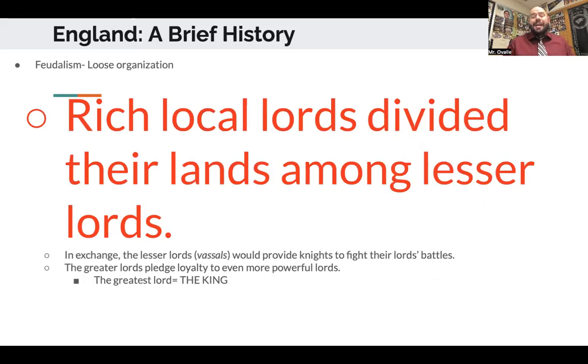I tried my best to cut stuff that you didn't need to know. It was nice to know, but not what you need to know. So the things in red are what you need to know. Remember. All right, so feudalism is just a loose organization style of government.